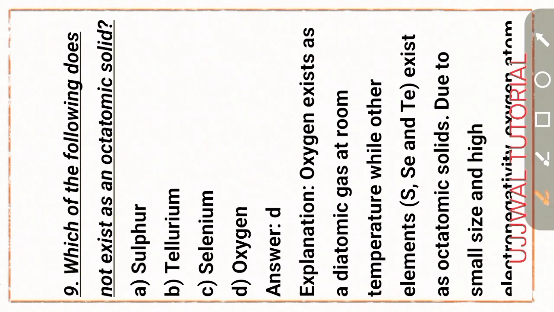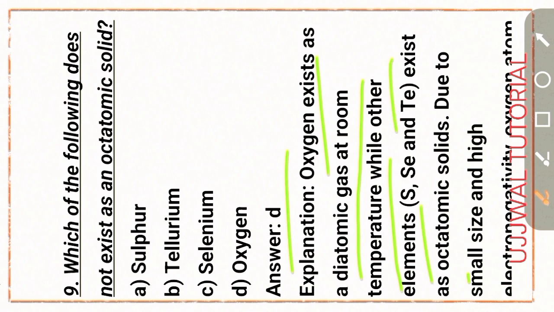Next question number 9. Which of the following does not exist as an octaatomic solid? That is option D. To explain this part, oxygen exists as a diatomic gas at room temperature, while the other elements sulfur, selenium and tellurium exist as octaatomic solids.